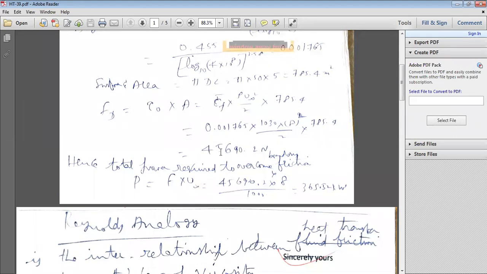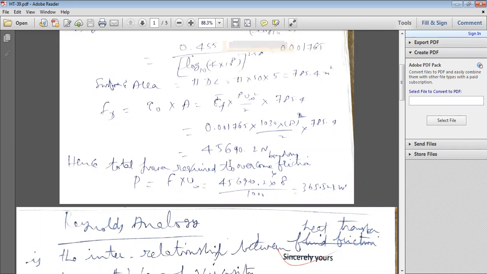In order to move the submarine in the seawater, it has to overcome this much shear force or drag force. Because if you want to move the submarine in the forward direction, this shear force is acting in the opposite direction.